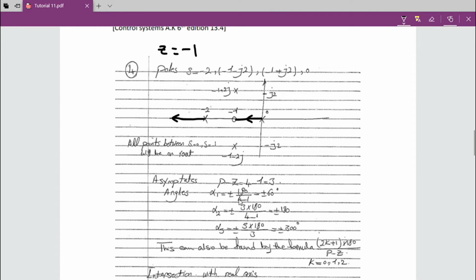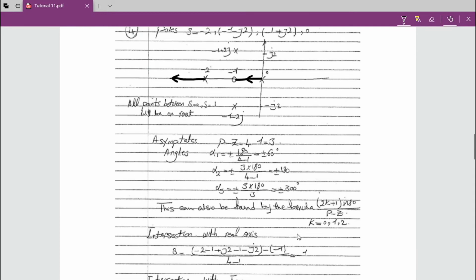When k is equal to 0, it will be plus minus 180 degrees upon 4 poles minus 1 zero, 4 minus 1, so you get plus minus 60 degrees. When k is equal to 1, you get plus minus 180 degrees. When k is equal to 2, you get plus minus 5 times 180 degrees upon 3, which is equal to plus minus 300 degrees.